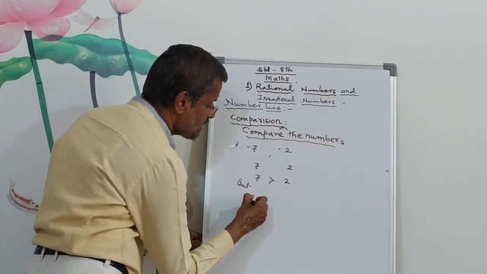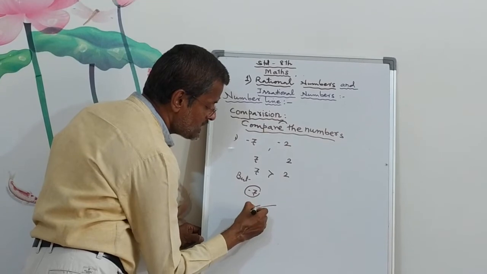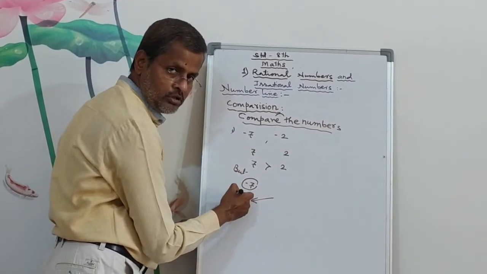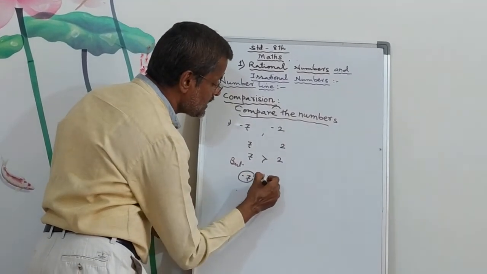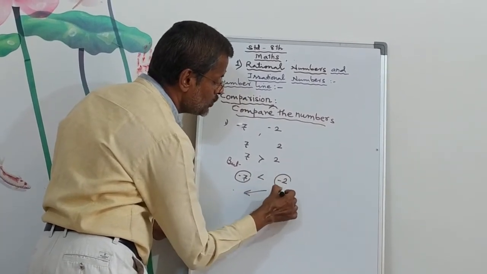So -7 lies towards the left hand side in the number line, so -7 will be smaller than -2.